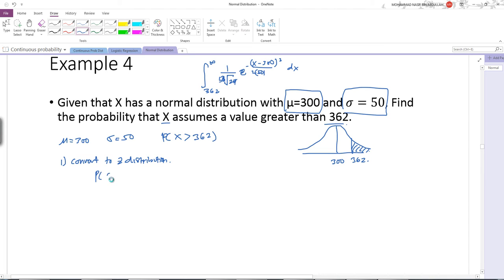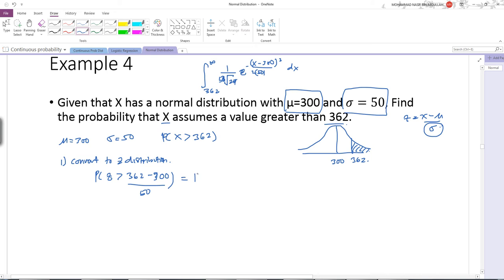So probability of Z is more than 362. Remember, Z is equal to x minus mu divided by sigma. So minus 300 divided by 50. Remember, kat bawah ni mesti standard deviation. If they give us the value of variance, you need to take a square root of variance.